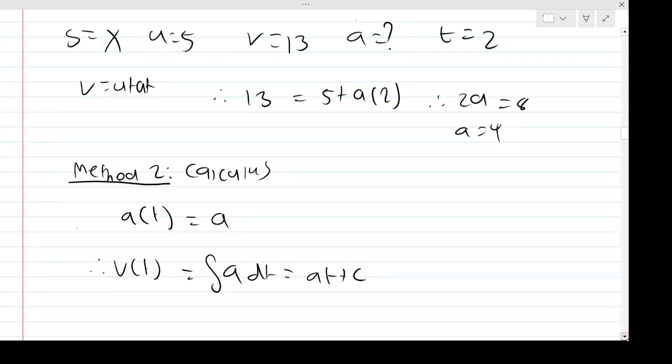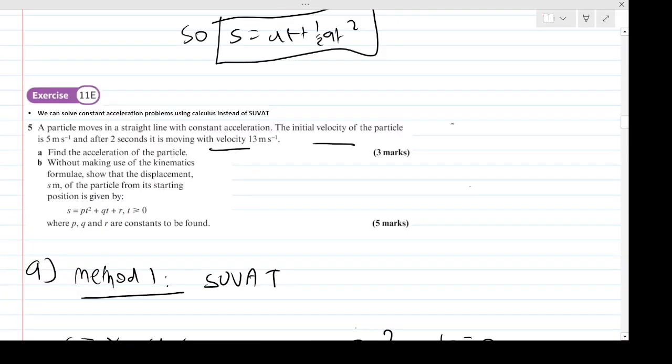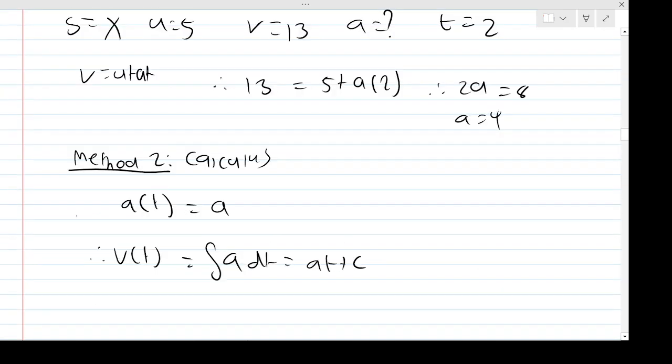Now, to find the plus c, I'm going to use the information given, right? So firstly, I'm told the initial velocity is 5. That means when t is 0, because that's initially, v is then 5, right? If I sub that in, well, v is 5, so 5 is going to be equal to a lots of 0 plus c.